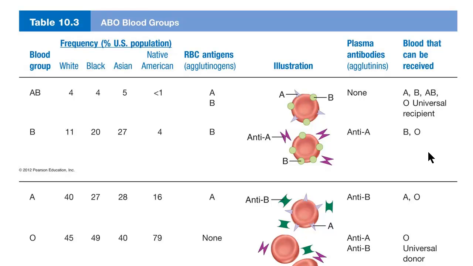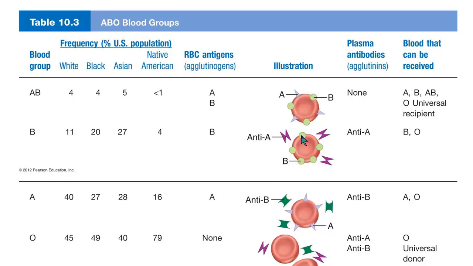So think of whatever type of antigen is on the red blood cell as considered self, and the body will not form antibodies against self antigens. So again, a type AB person would not form antibodies against A or B because that's considered self. They were born with that on their red blood cells. A person with B blood type is going to form A antibodies because that is not recognized.